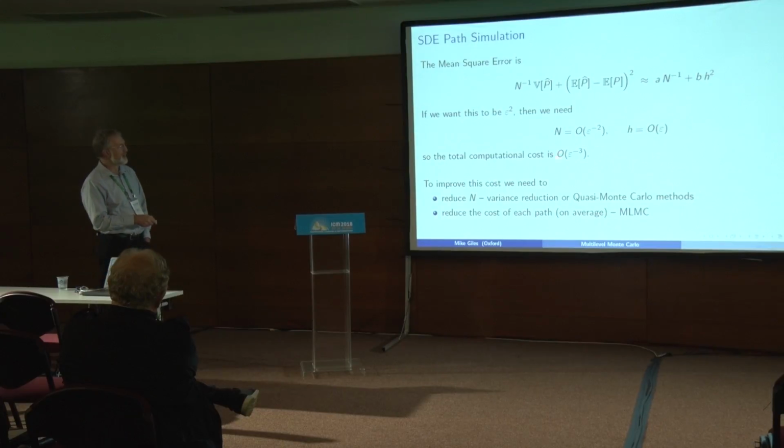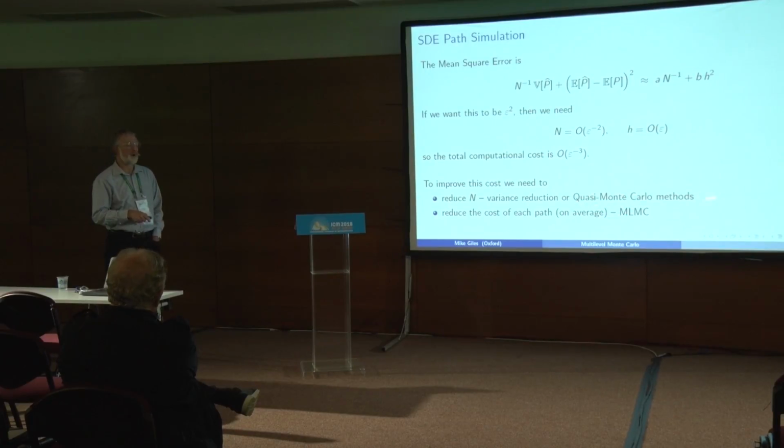Okay. And I want to make that better. So what can we do to reduce the overall computational cost? Well, we have to tackle one or other of these two. So to reduce N, the number of independent samples that we take, there are a lot of classic techniques in variance reduction which leave it still as being epsilon to the -2, but they reduce the multiplicative constant out front.